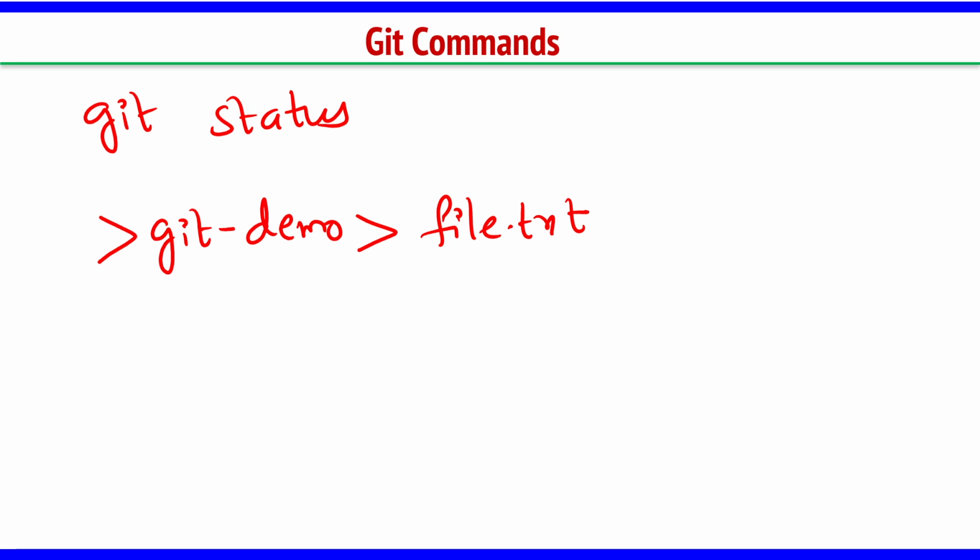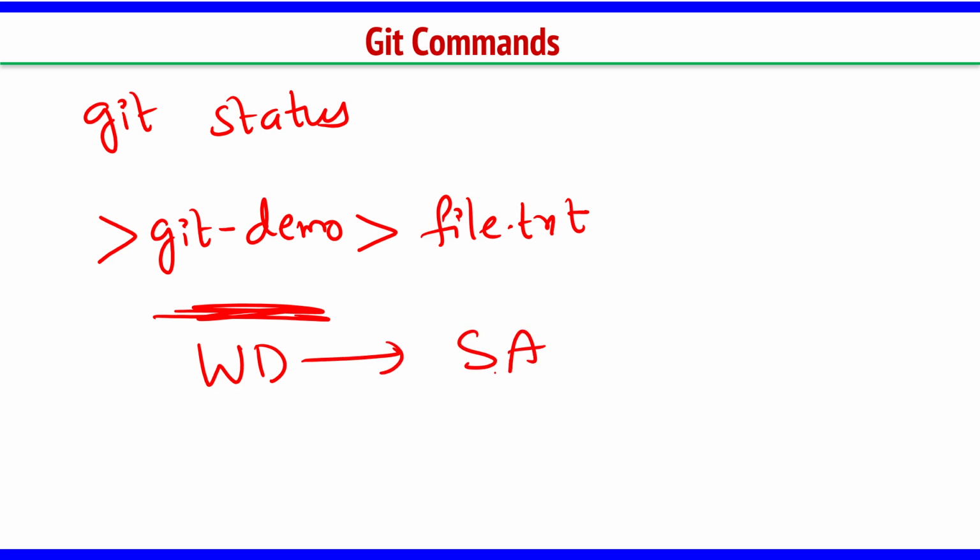This is my working directory. When I am moving files from the working directory to the staging area, I have to use git status. It will show me the modified files in my working directory.